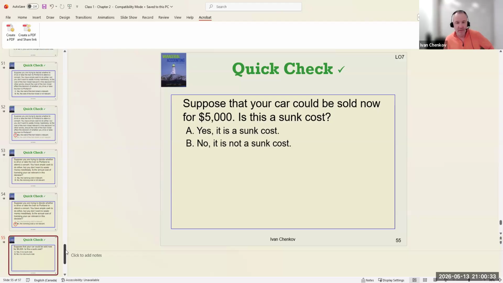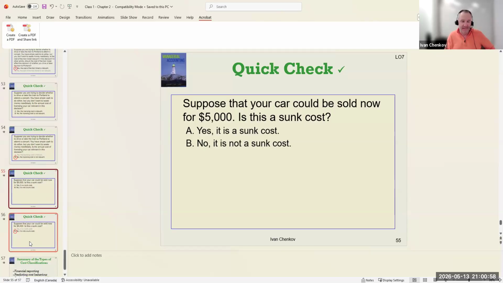I'm selling my car. Is this a cost for me? It's not a cost, right? So the rest, what kind of cost is it, doesn't matter because it's not a cost. Since it's not a cost, is it going to be a sunk cost? Is it going to be an opportunity cost? It doesn't matter because it's not a cost. Make sense?